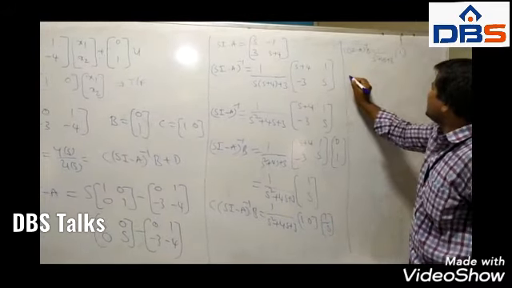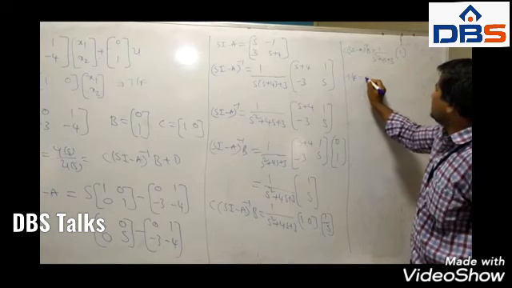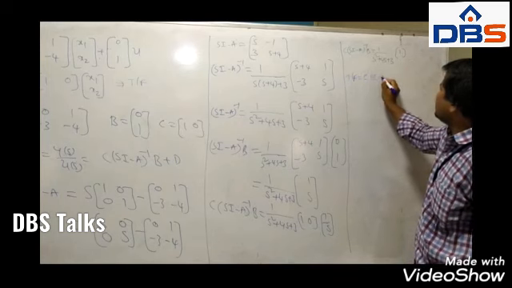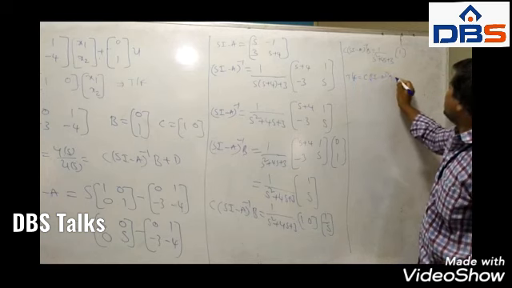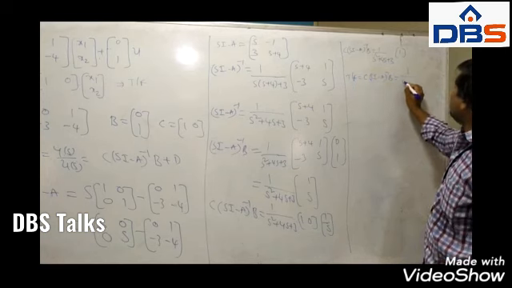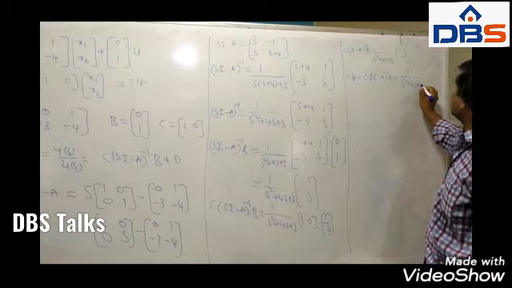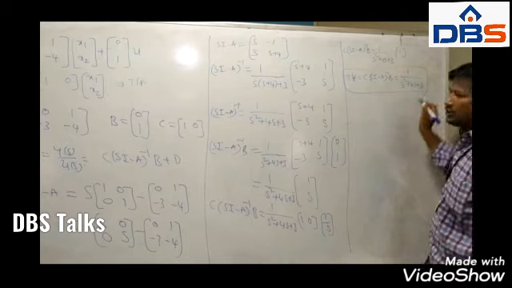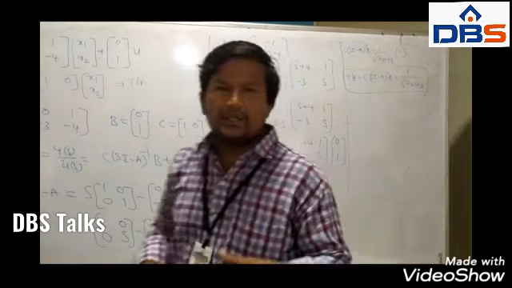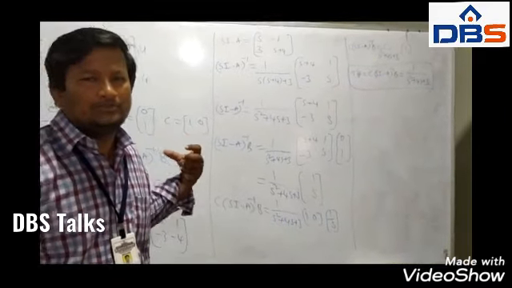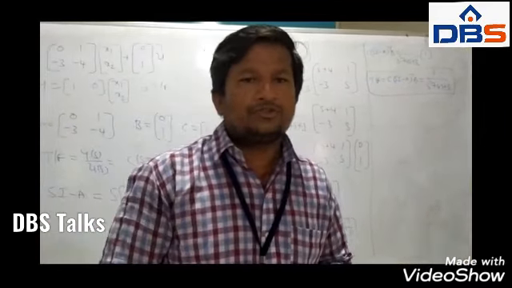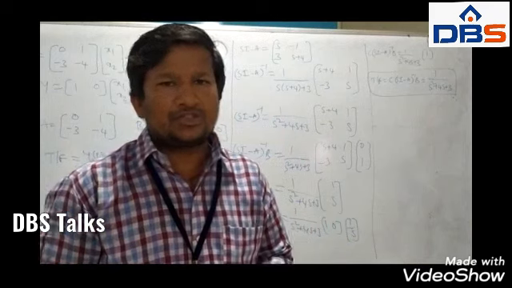So the transfer function equals C into (sI minus A) inverse B equal to 1 by (s square plus 4s plus 3). Like this, we have to determine the transfer function from the given state model. Thank you. Please subscribe to DBS Talks to see this video.